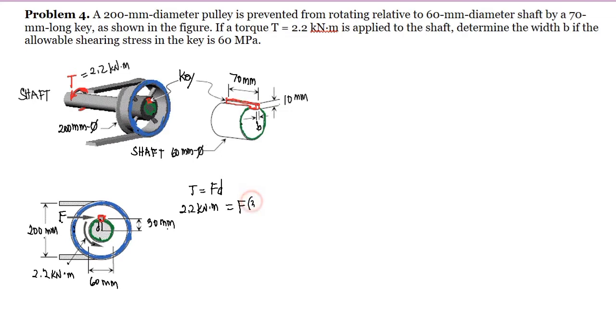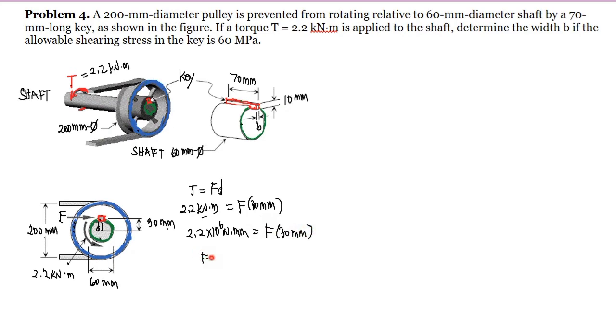So we have 30 mm. For consistency of units, we are going to bring everything in Newton and mm. So this kilonewton is 1 times 10 to the 3, and this meter here is 1 times 10 to the 3, meaning this is 2.2 times 10 to the 6 Newton mm. And this is equal to force multiplied by 30 mm.